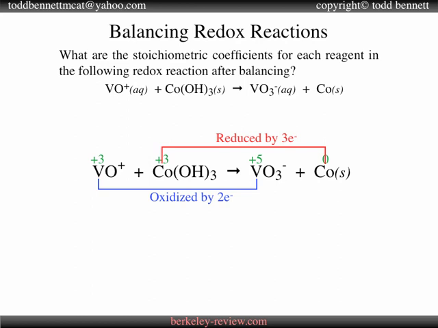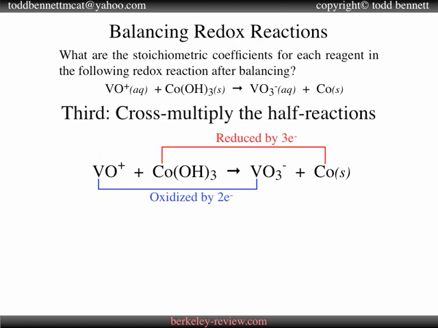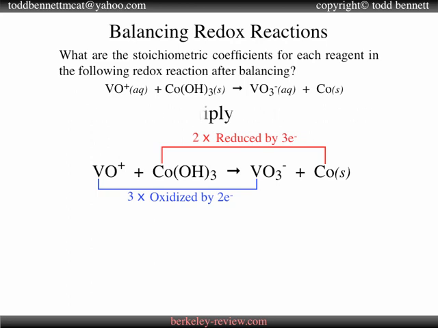That 3 becomes the coefficient in the other reaction. So take that 3, move it down, take the 2 electrons in oxidation and move it up. So we have 2 times 3 for 6 electrons associated with 2 of those half reactions, and 3 times 2 for 6 electrons associated with 3 of that oxidation half reaction. So those numbers we just multiplied by, the 2 and the 3, become the stoichiometric coefficients.